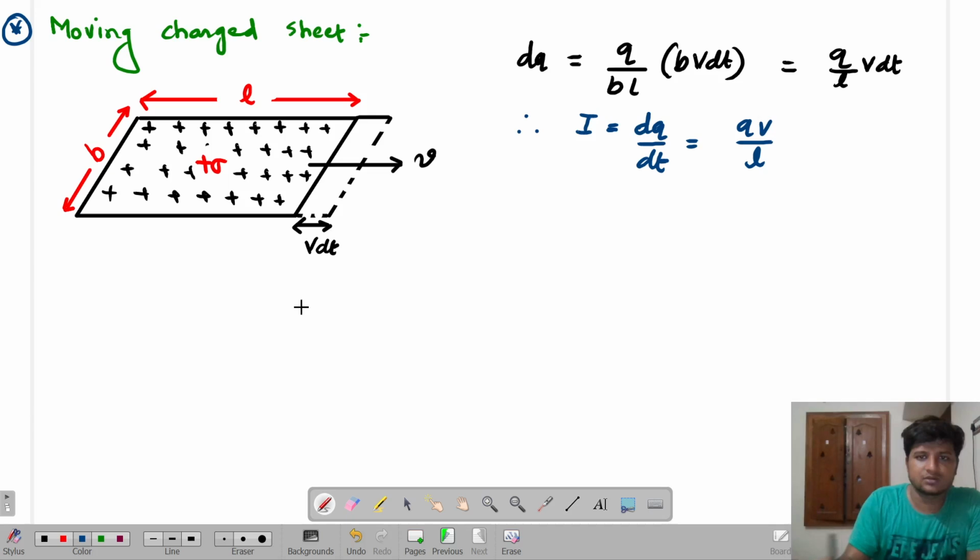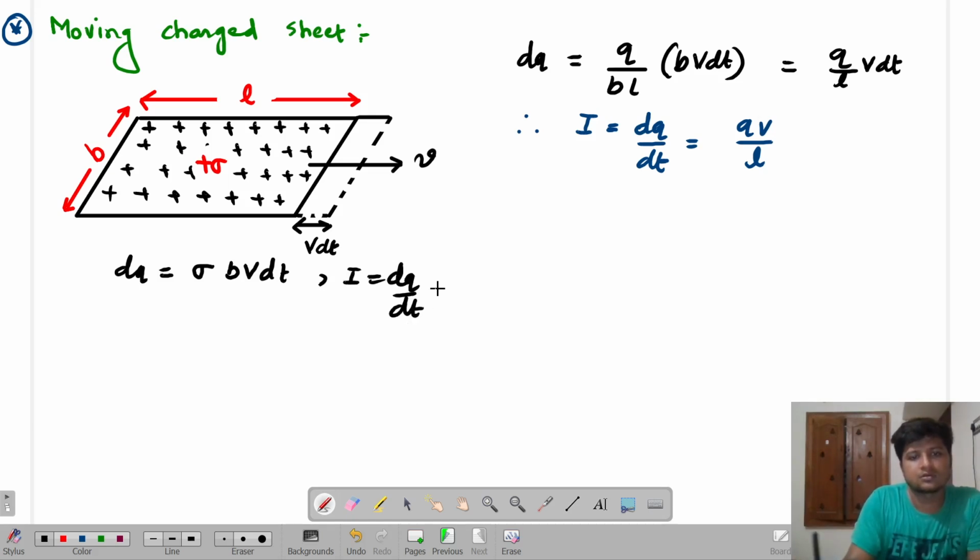As sigma is given, this can also be written as dq is equal to sigma b v dt. So I, which is dq by dt, is given as sigma b into velocity v. Are you able to get me or not?